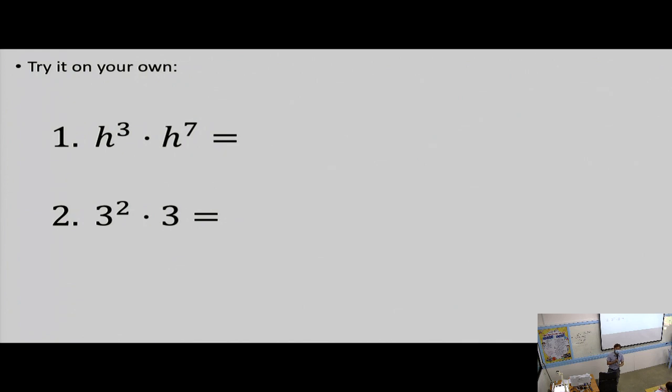They have the same base, which is h, so you just add the exponents. Who wants to help? Very good, the answer is h to the power of 10. Remember, you just add the exponents since they have the same base.